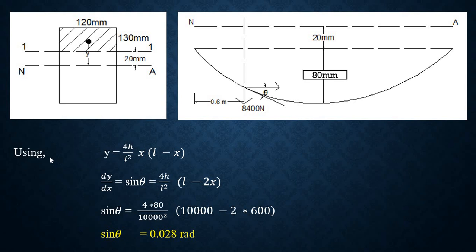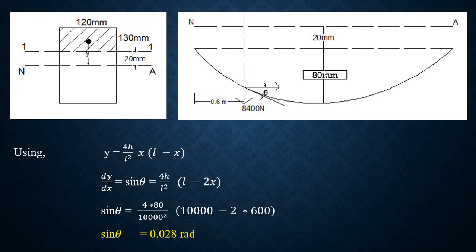Here you can see I'm just using a formula, that is deflection of parabolic cable. Y is equal to 4h by L square into x into L minus x. This is a deflection formula for parabolic cable. Why I'm using this deflection equation is, from here up to this point, how much it has got deflected, we don't know.